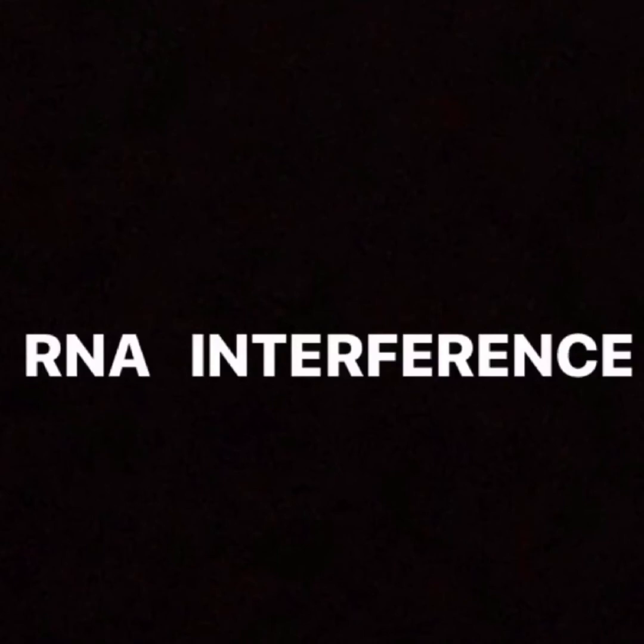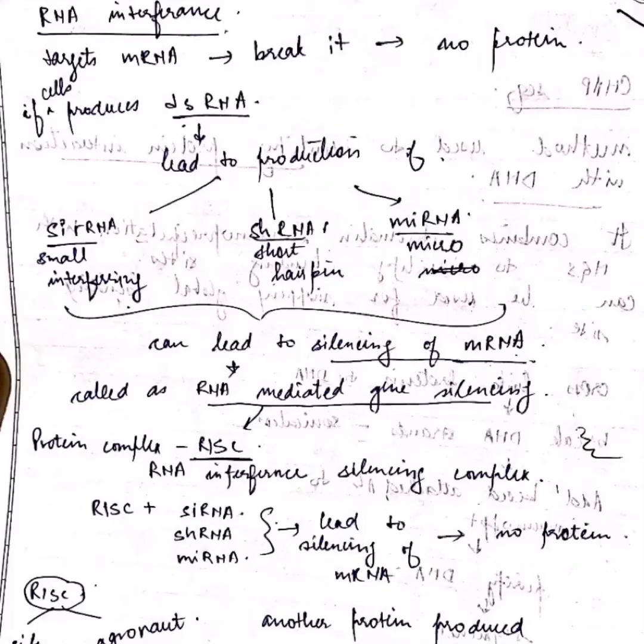Now the last one is RNA interference. For this topic, to have a better understanding, I'll be sharing a YouTube link which explains the process of RNA interference. You can first go through that video and then go through my notes, then you'll have a better understanding of what I have written in my notes.